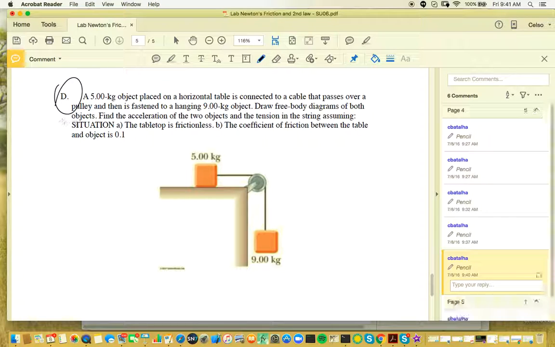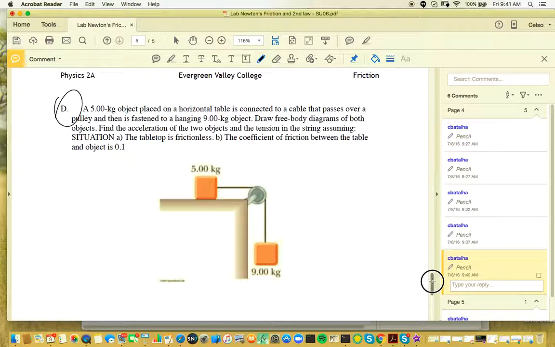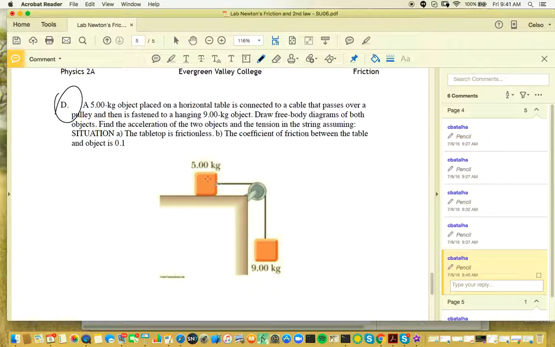So part D is a classical situation that we've done in the lab so many times. And let me do the part in which there is friction. In the situation without friction, you just bring the normal force to zero, but this is pretty much a lab exercise. We did this so many times. What you do is a free body diagram.